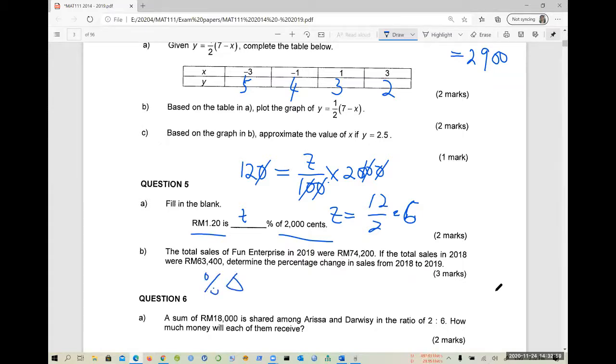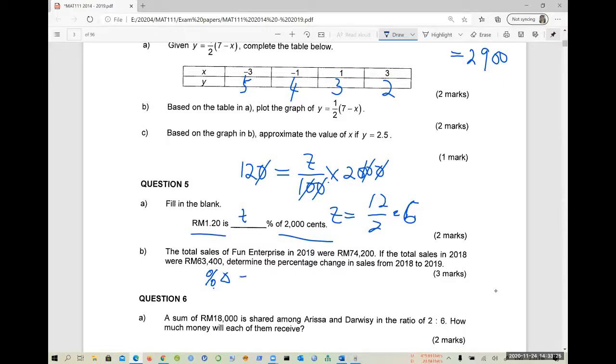I'll just use the symbol over here. Let me erase this one, it doesn't look very nice. Here you have percentage change. I use the triangle to show change.